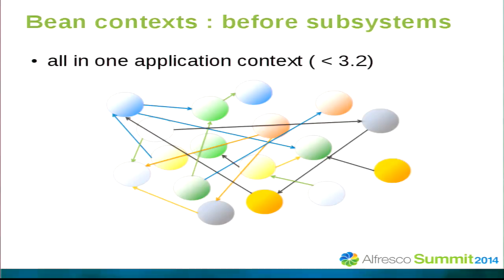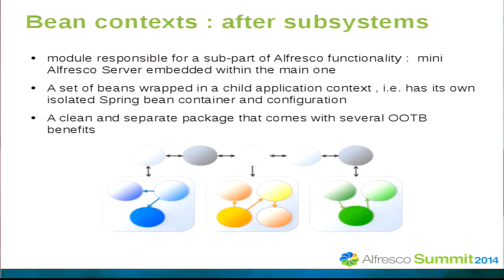And now, what we have is basically a set of subsystems, meaning a set of child application contexts with their own set of beans that can be cleanly separated, and you can cleanly package that so that your own private beans are not exposed to the entire repository, and you just expose a set of interfaces that you can use from the rest of the repository.